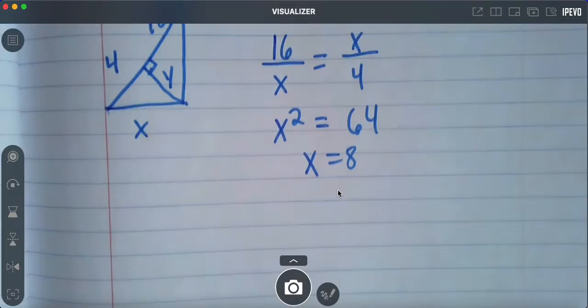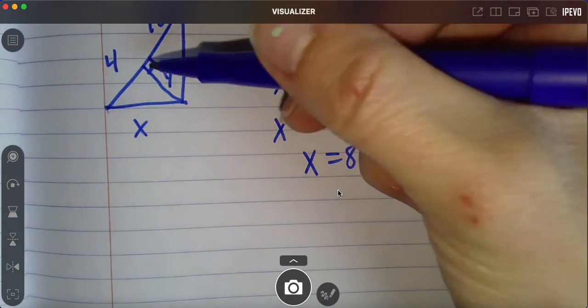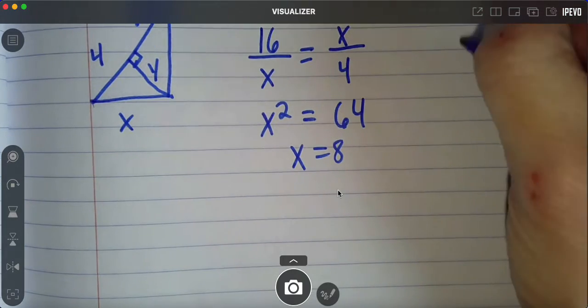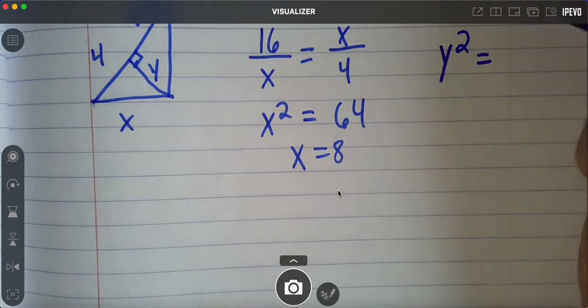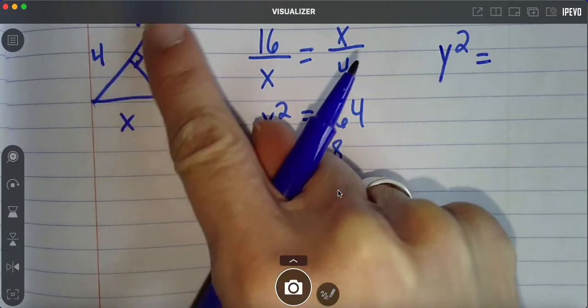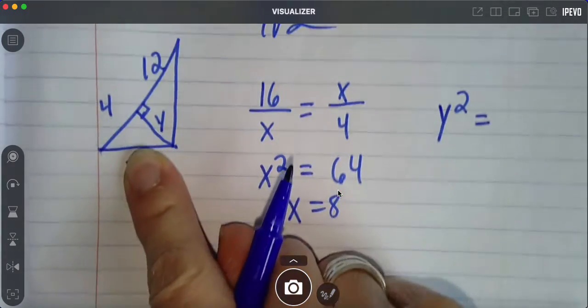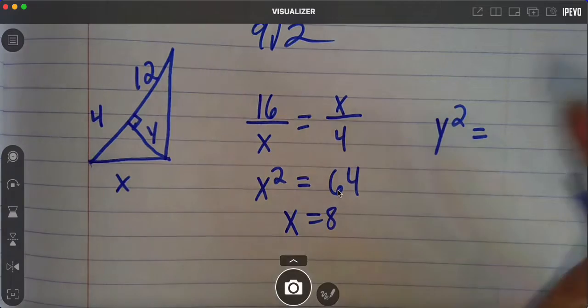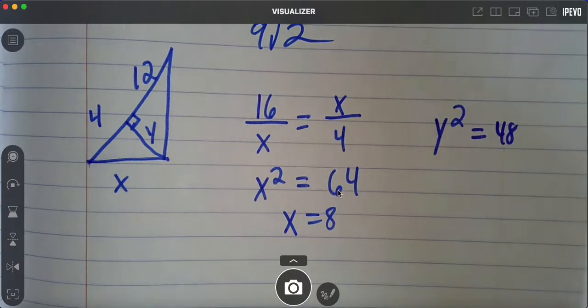What is your altitude here? Y. Does everybody see that? So if you multiply that times itself, and what are the segments of my hypotenuse on the big triangle? 4 times 12. What's 4 times 12? 48. Is that easier than the formula?